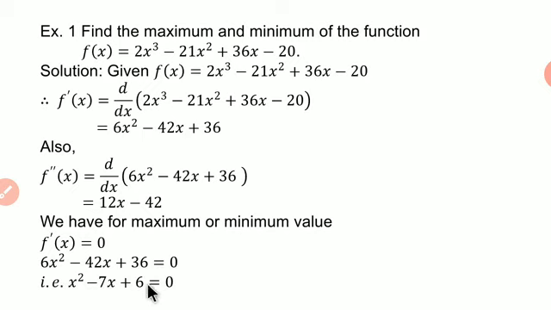So we factorize this. We find two such factors having product 6x square and sum minus 7x. And such two numbers are minus x and minus 6x, and so here the factors are x minus 1 multiplied by x minus 6 is equal to 0.